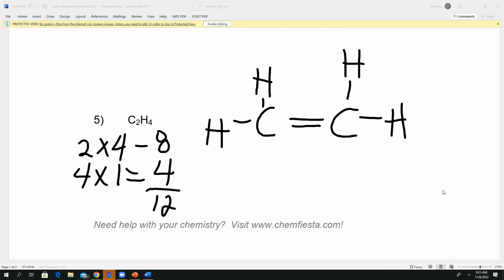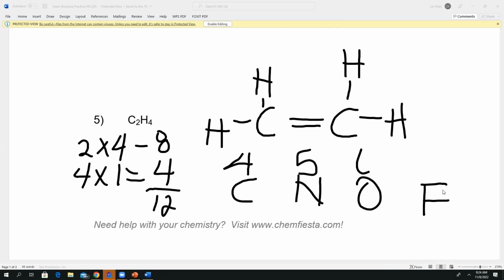Let me get my periodic table so I'll put it in the right order. So you have carbon, then nitrogen, then oxygen, then fluorine. Carbon is in group 4, nitrogen is in group 5, oxygen in 6, and fluorine in 7.